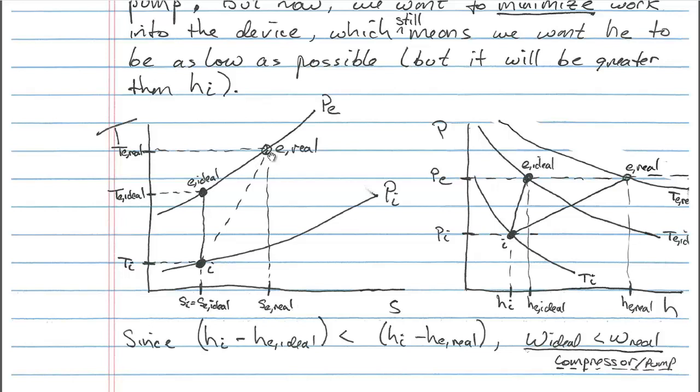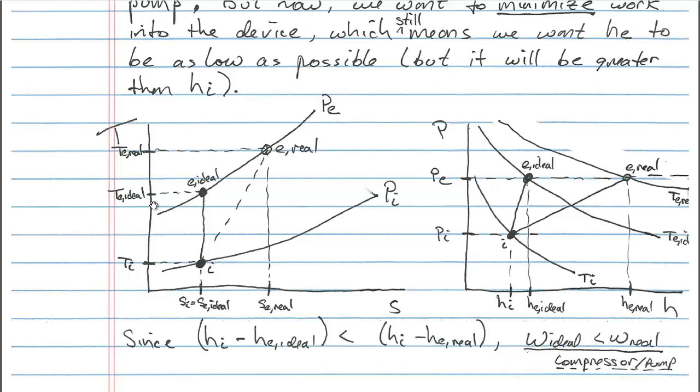And so we can say that this intersection here, where the real exit entropy intersects the exit pressure, is our real exit state, and that corresponds to a real exit temperature. If we look at the ideal compressor or the ideal pump, in that case there is no entropy generation, so the ideal exit entropy is the same as the inlet entropy, and where those two points intersect, the ideal exit entropy intersecting the fixed boundary condition exit pressure gives us our ideal exit state.